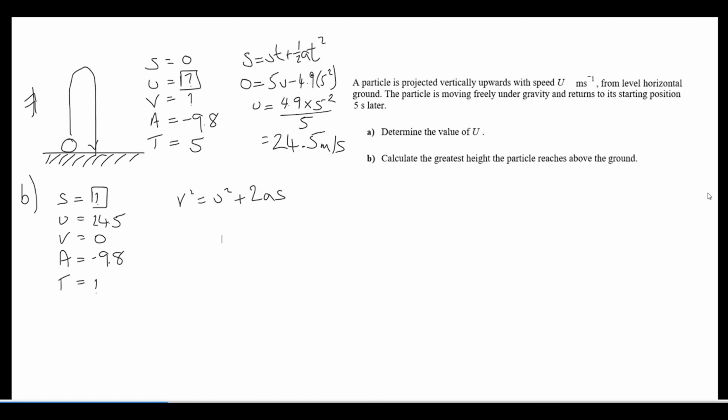We'll substitute in the 0, the 24.5 squared, acceleration, and we're looking for s. Okay, so rearranging, I can just type this into my calculator all in one go. 24.5 squared divided by 19.6 gives us 30.6 meters. The displacement, 30.6 meters. So that's going to be the highest above the ground that this particle travels.